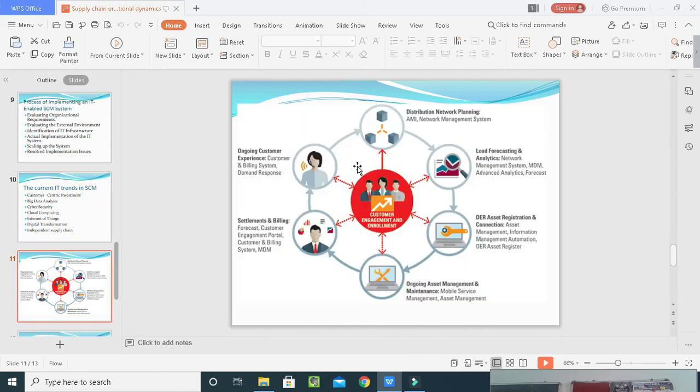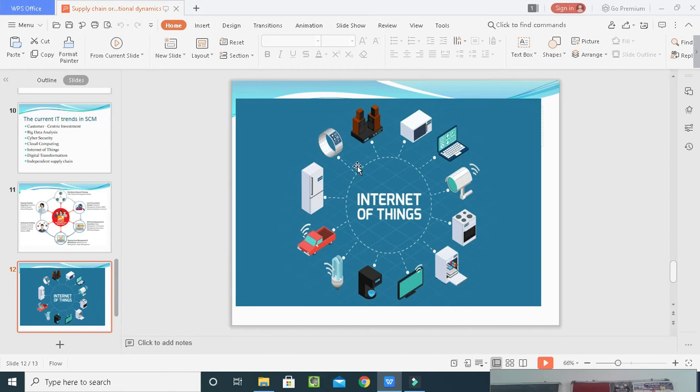Now, Internet of Things. Internet of Things means how things are connected to each other. According to Gartner's Internet of Things in supply chain illustration, smart devices are changing the experience of customers, and meanwhile Internet of Things innovations are tracking the supply chains.